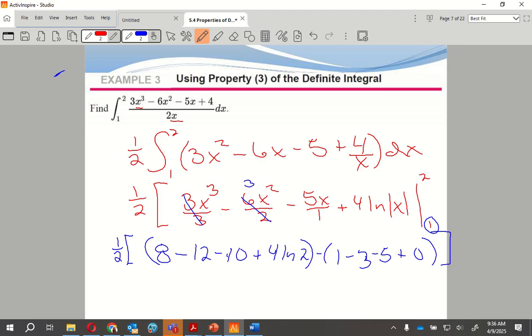Okay, so on the left-hand side, what do we get? That's going to give me negative 14 plus 4 ln of 2 minus the lower bound, which is going to give me negative 8, negative 7.